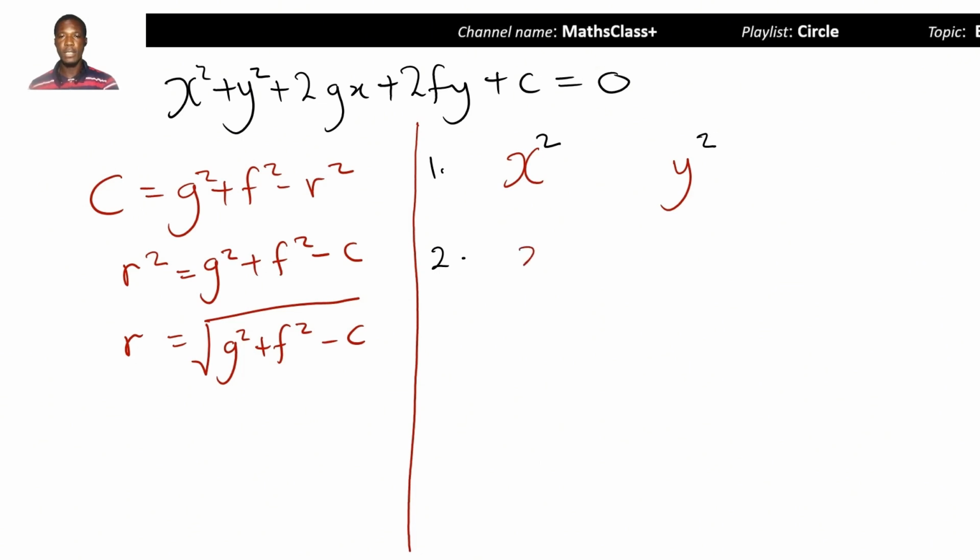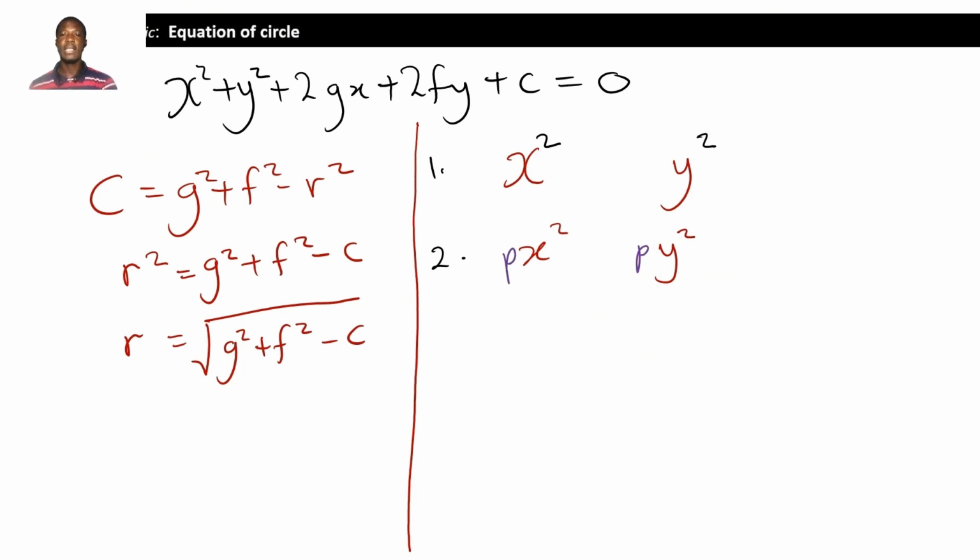So if we have x squared here, we have y squared here, then we expect that if the coefficient of x squared is m, that of y squared will also be m. If the coefficient of x squared is p, then that of y squared will also be p. So that is what we mean.